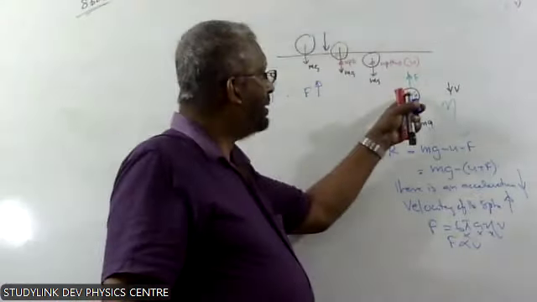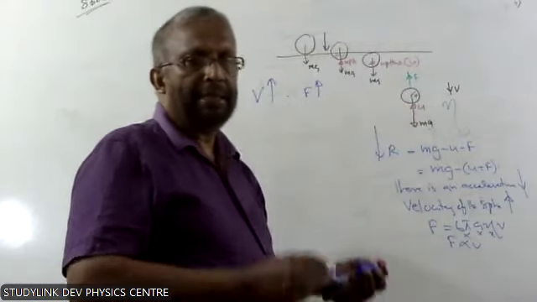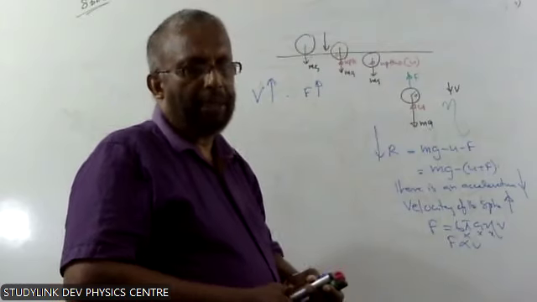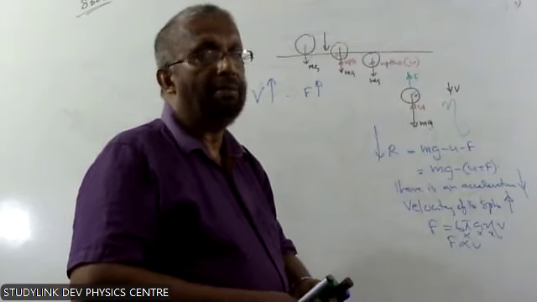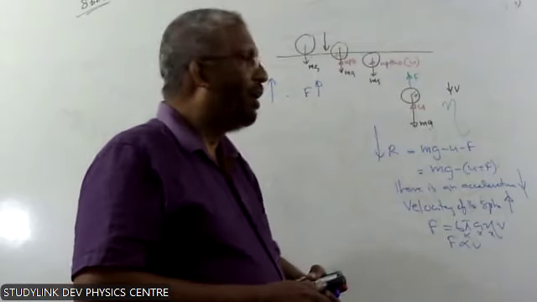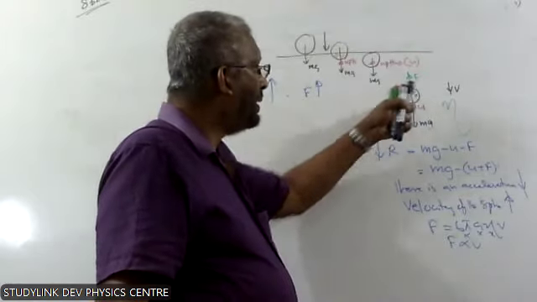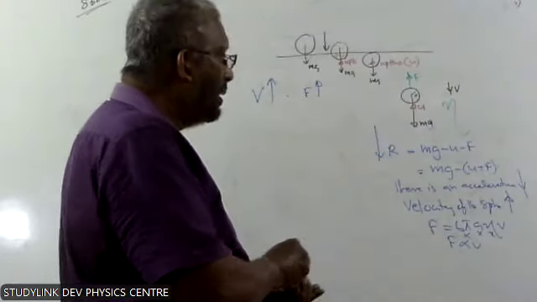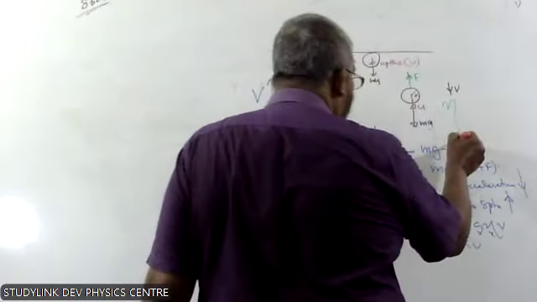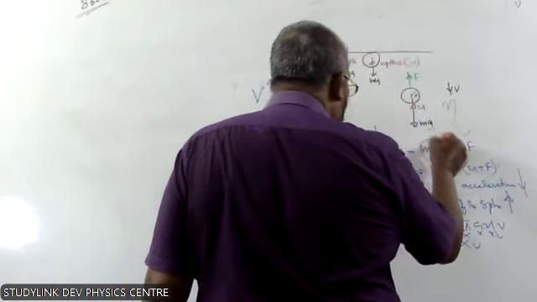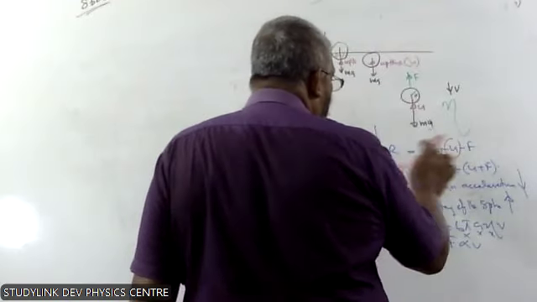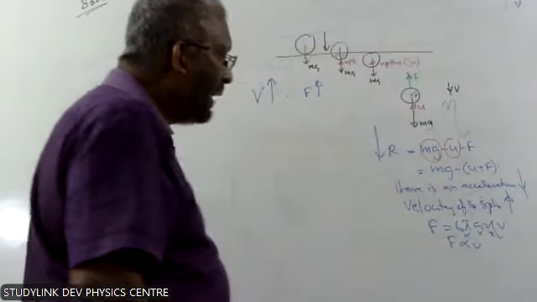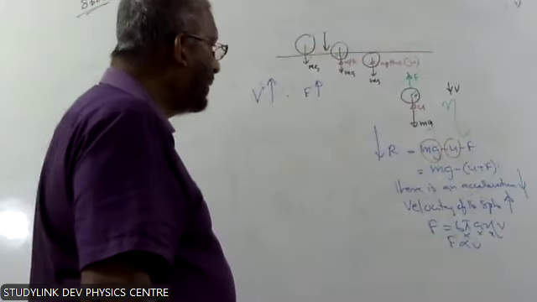Upthrust is a constant because upthrust is equal to the weight of the liquid displaced by the sphere. Weight of the liquid, not mass. So U is also constant. Here I mark U as constant, mg is constant, and R depends on F. Now velocity increases, F increases.